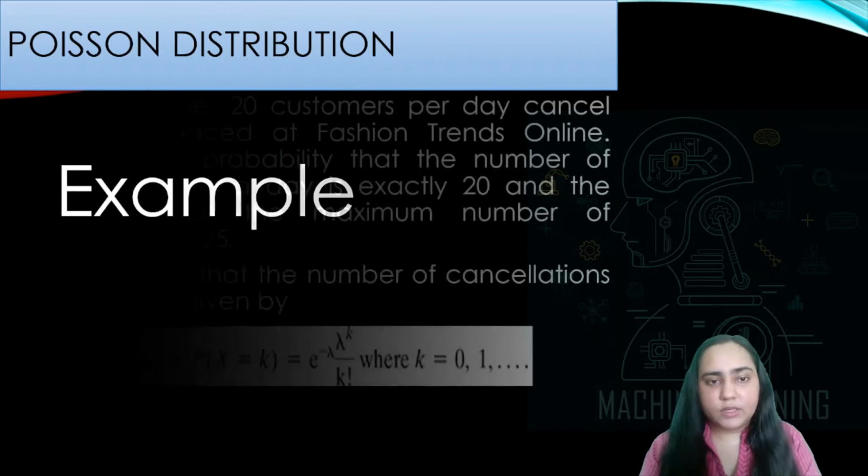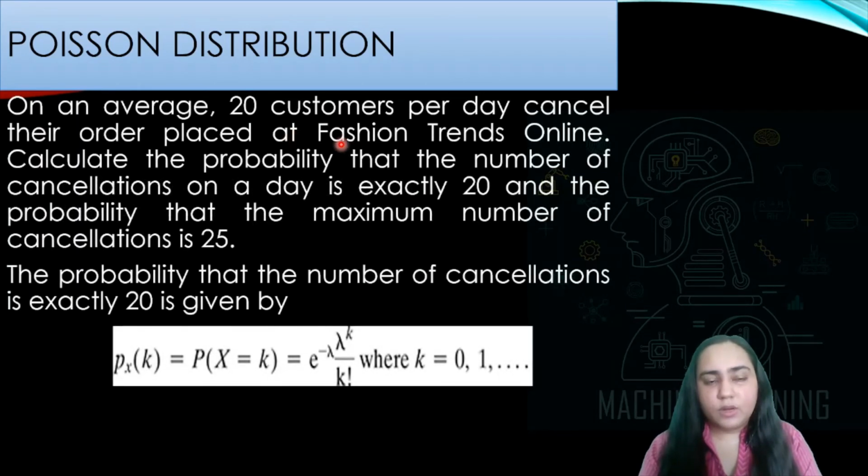Now let's take a look at an example. On average, 20 customers per day cancel their order placed at Fashion Trends Online, an e-commerce site selling women's clothing. Once again, you have to calculate the probability that the number of cancellations on a day is exactly 20, and the probability that the maximum number of cancellations is 25.